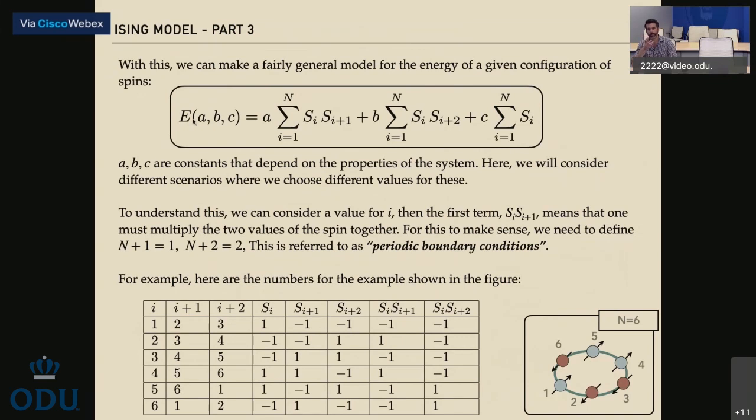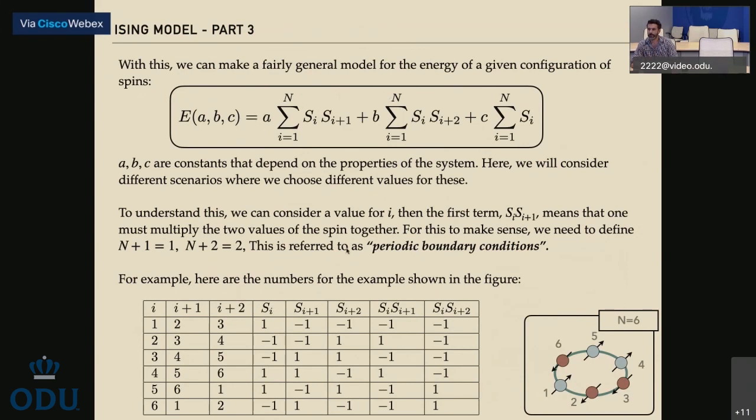And it depends on 3 parameters, A, B, and C. Easy enough, right? A, B, and C are just constants that are some generic property of the system. In general, I could maybe describe just about any system of spins using a function like this, and some values A, B, and C.